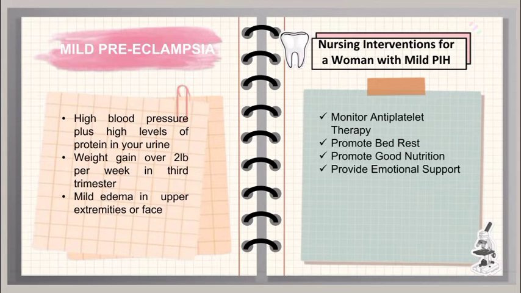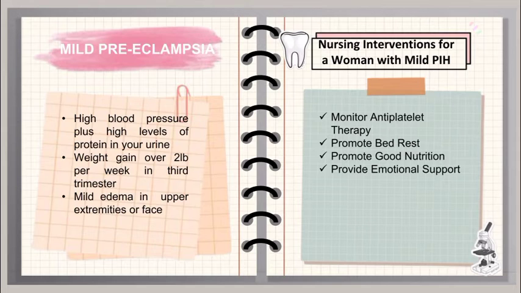So now let's talk about the nursing intervention for a woman with mild pregnancy-induced hypertension. A client with mild preeclampsia can be managed at home with frequent follow-up care. The first is to monitor the antiplatelet therapy. The second is to promote bed rest, because when the body is in a recumbent position, sodium tends to be excreted at a faster rate than during activity.